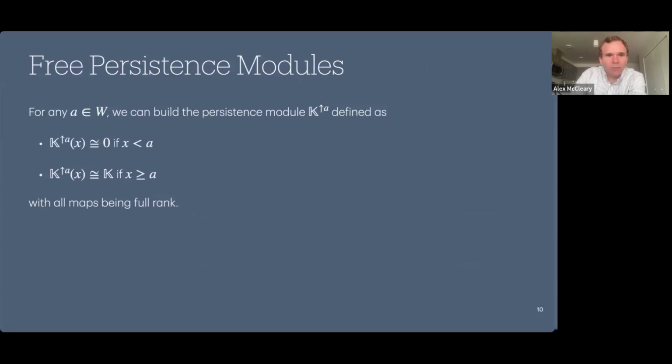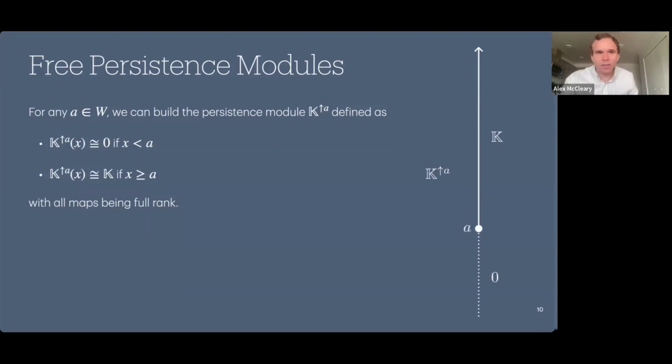Okay, so let's get to free persistence modules now. Free persistence modules are really nice persistence modules. You can really think of them as like vector spaces. The key property they have is that free persistence modules have a basis. So we can build these free persistence modules out of these basic building blocks right here.